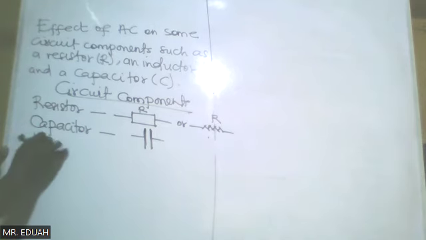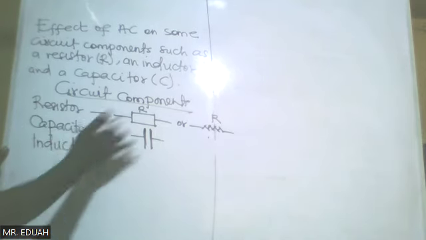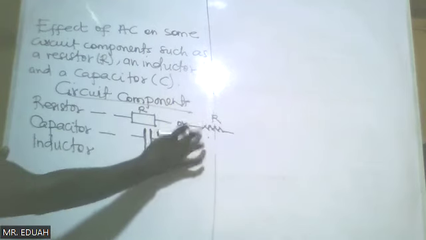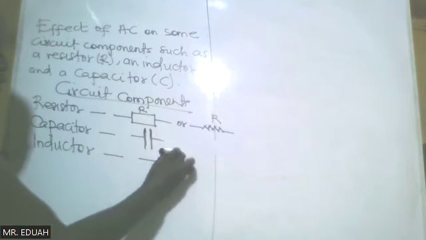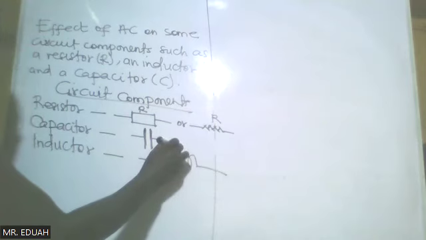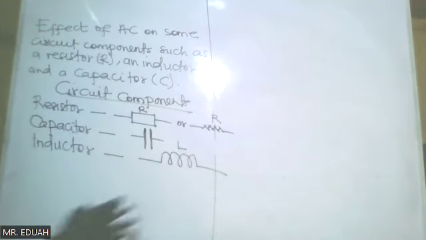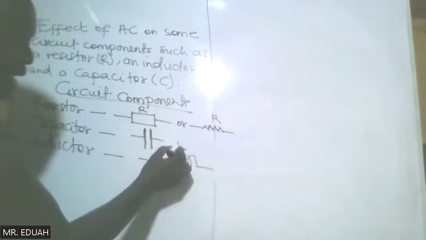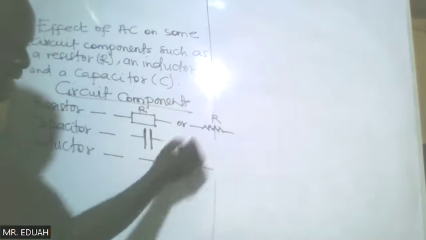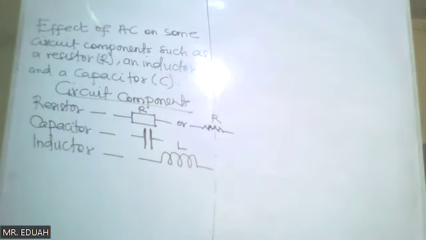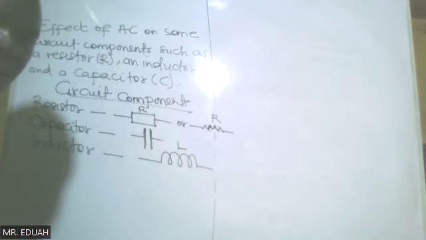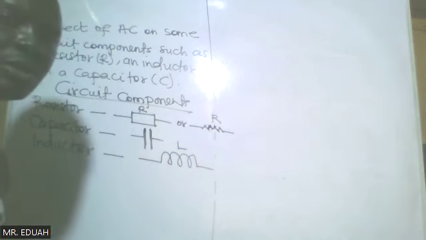An inductor is also similar to this, but this is how an inductor is drawn, as a coil. So L on top indicates that it is an inductor. Please, it is similar to this, but they are not the same. This is zigzag and this is a coil. Okay. So we'll be looking at the effect of alternating current on these circuit components.